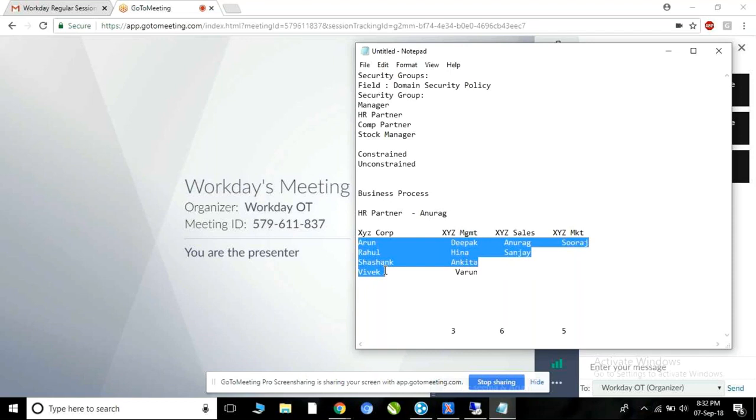The person should be of XYZ Corp only. Yes, that is what the constrained group restricts. Getting it? It only restricts that the organization's employees can only take up that role.